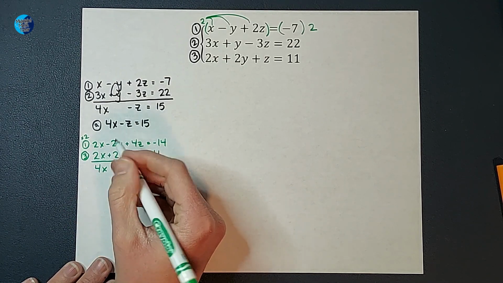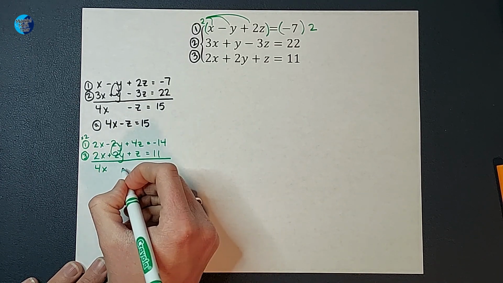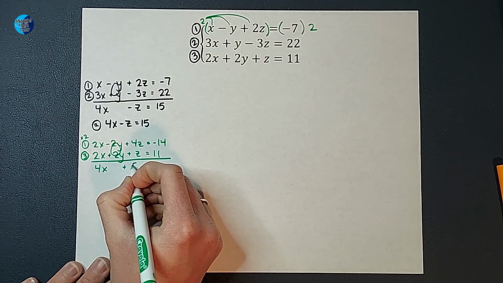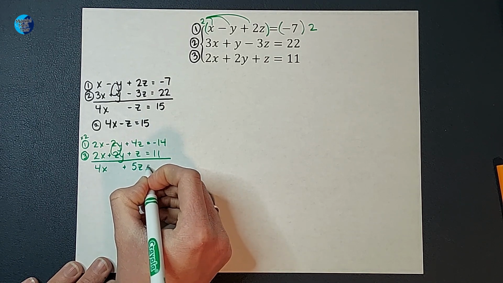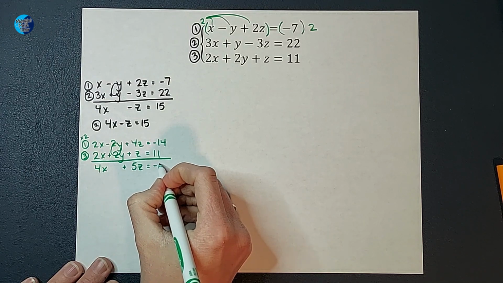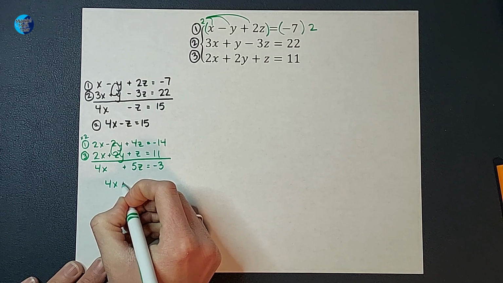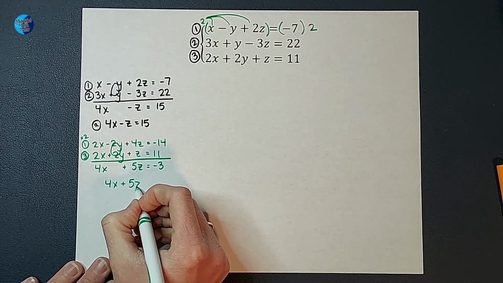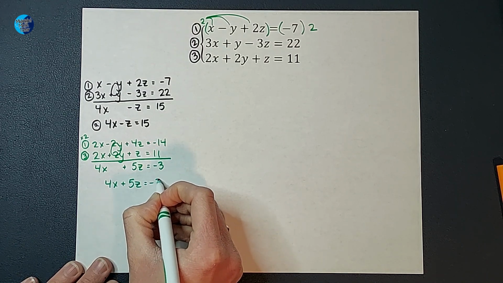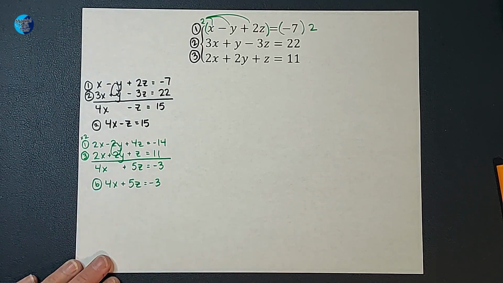Negative 2y and positive 2y, yay, those go away. 4z and z gives me plus 5z. And negative 14 plus 11 would give me a negative 3. Now again, just rewriting this without that giant space there. 4x plus 5z equals negative 3. I'm going to call this B.